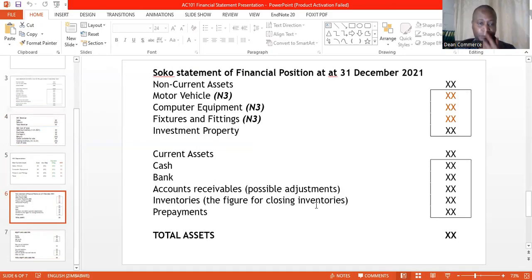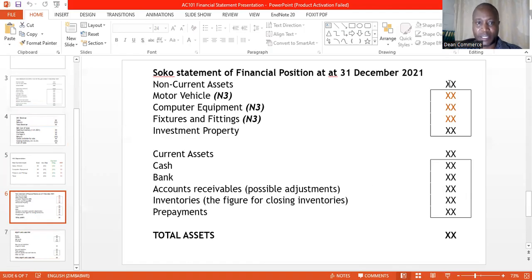Then we are also going to deal with prepayments. There are so many other assets, but for the scope of this lecture, we will stop with these prepayments, and as we discuss more and you practice, you get more types of current assets. So you add this and you get this figure here, which is current assets.